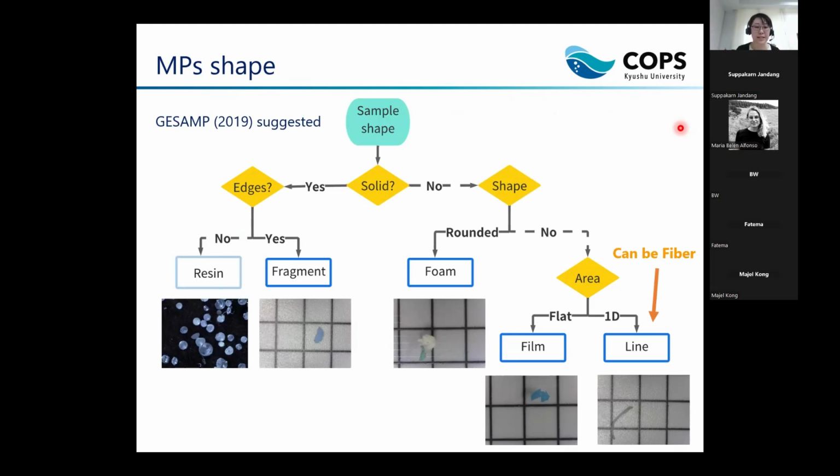The definition uses mainly 5 categories: resin pellet, fragment, foam, film, and line. This is very easy to categorize. If it is solid and has an edge, it is a fragment. You can follow this diagram and categorize your sample into 5 types of shape.